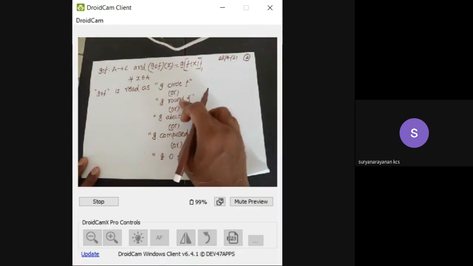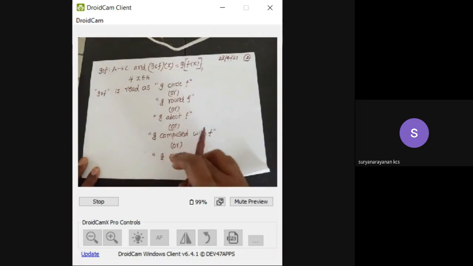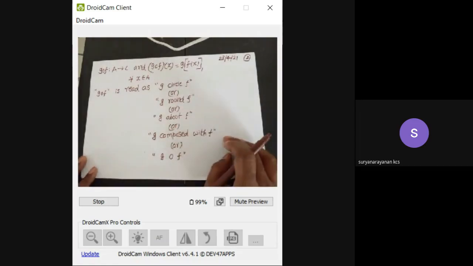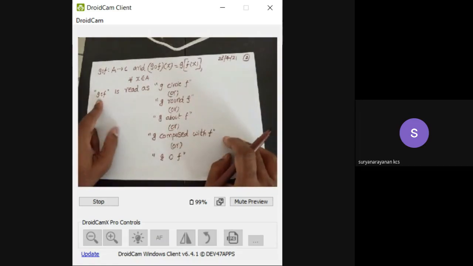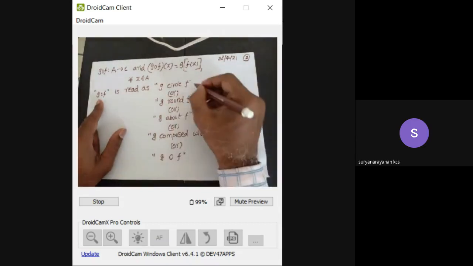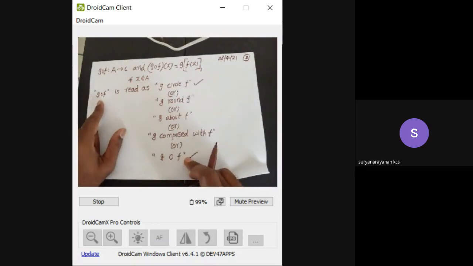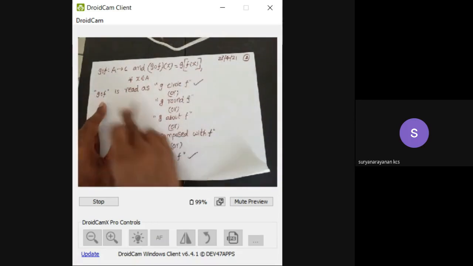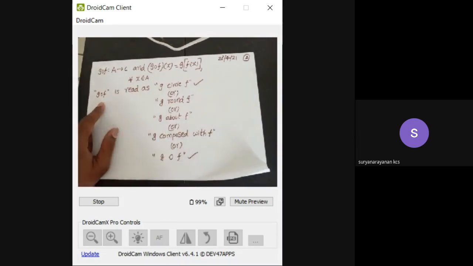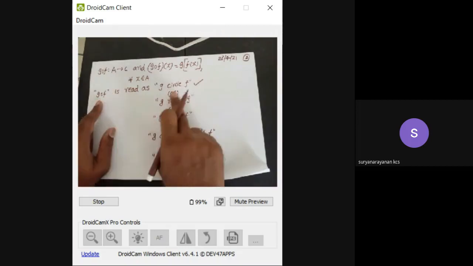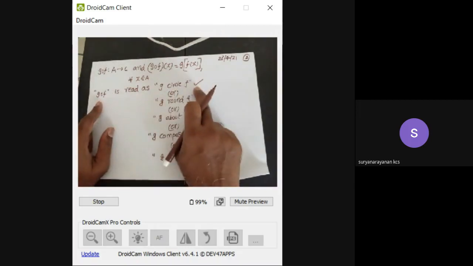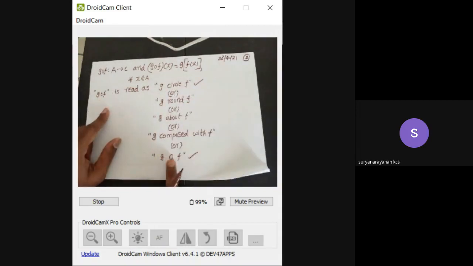So in these five different ways, we call this notation. Generally, we use either the first one or the last one. How do you read this notation? G circle F, or GOF.